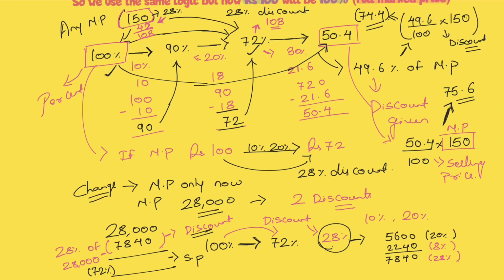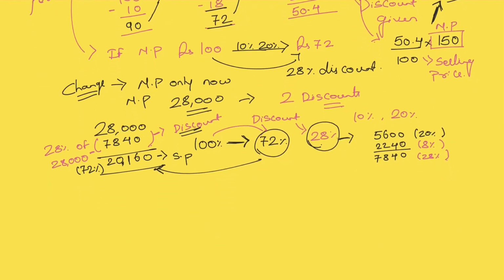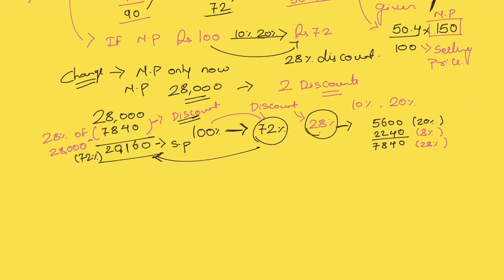But in case they ask you what is the selling price right now, you will subtract the discount from the mark price to get to the selling price. So subtract 7840 from 28,000, the answer comes out to be 20,160. That is nothing but 72% of your mark price, and that is your selling price. So that's how you apply the percentage method to reach your answer.